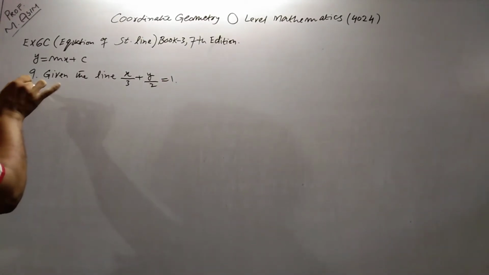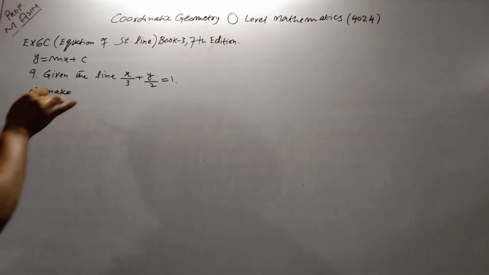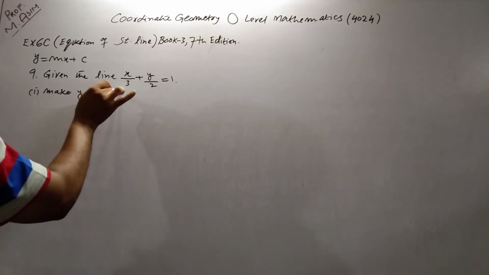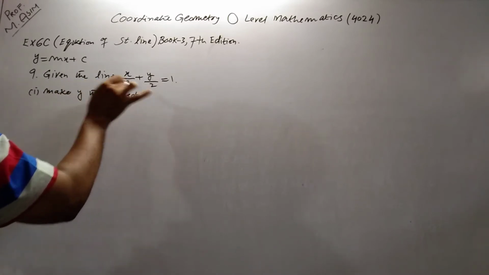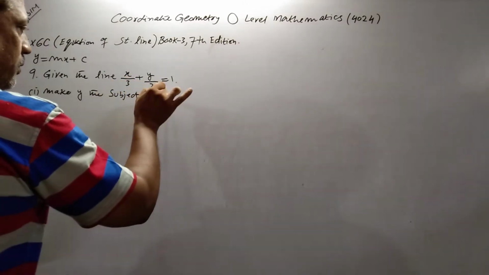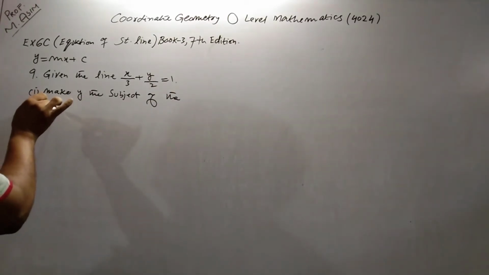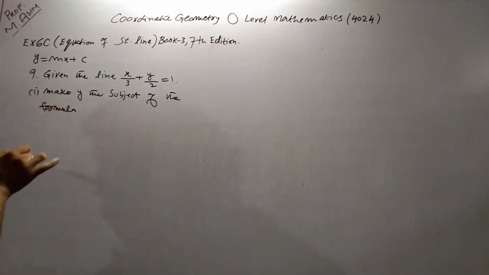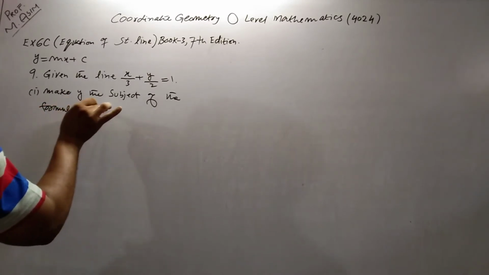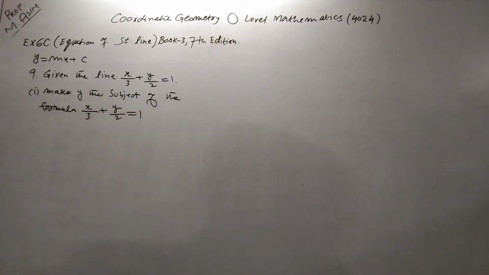Part 1. Make y the subject of the formula x upon 3 plus y upon 2 is equal to 1.